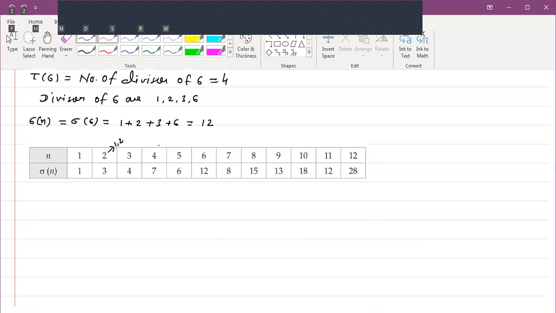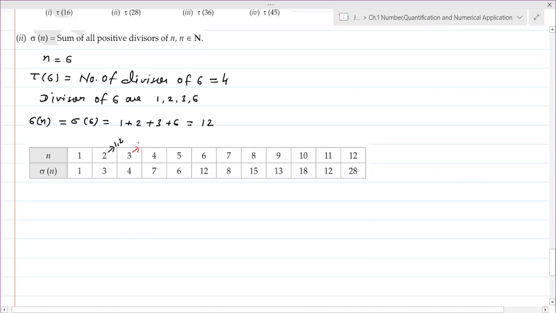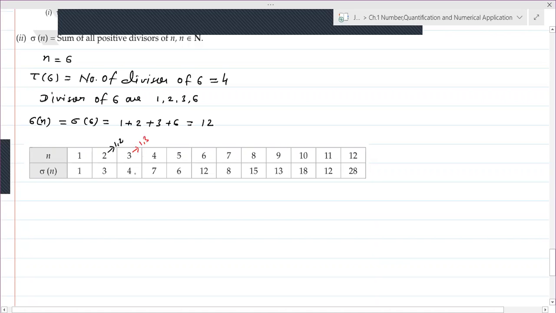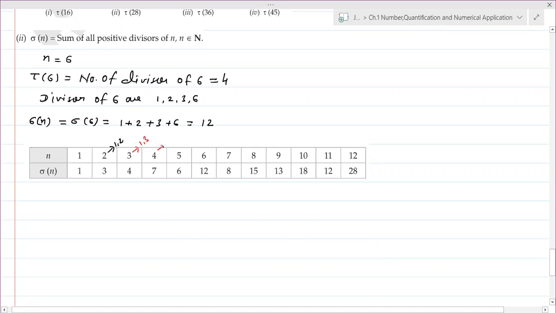In the same way, positive divisors of 3 are 1 and 3, so the sum is 4. And 4 has the divisors 1, 2 and 4, so its sum is 7. In this way, I calculated the values of sigma n for the given n.